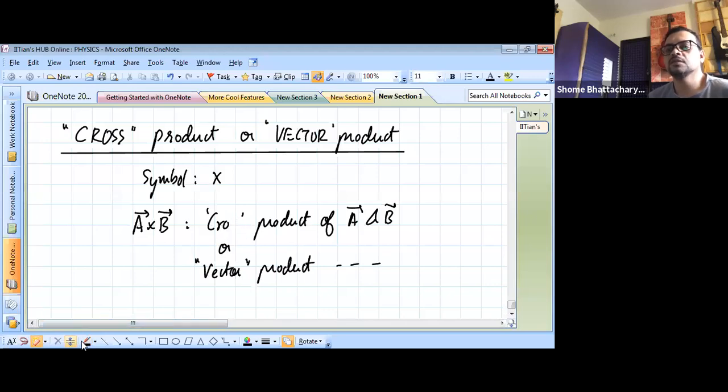I will come to the definition next. So just make a note of this part first. This symbol is distinctly different from the dot product. You can see that dot product is denoted with a dot sign, so this is scalar product. But when we put a cross sign in between two vectors, it is called the cross product or the vector product.